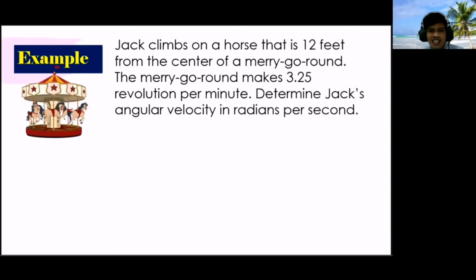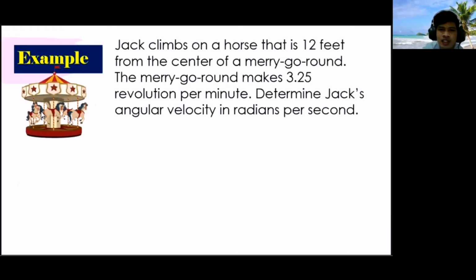Okay, example number 2. Let's try this one. Jack climbs on a horse that is 12 feet from the center of a merry-go-round. I know you know this one, merry-go-round. It makes 3.25 revolutions per minute.